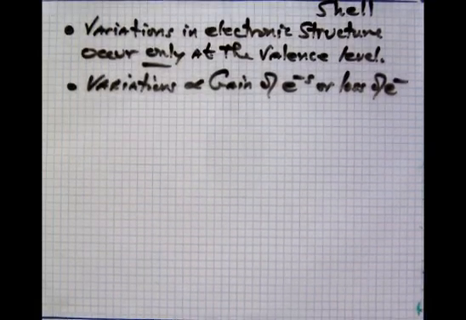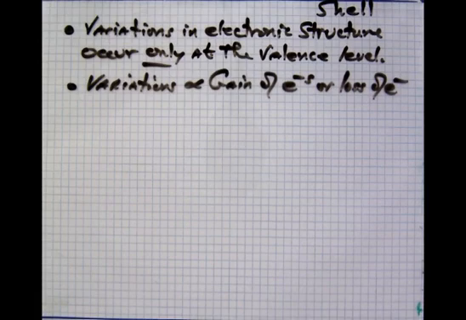What governs the gain and loss of electrons from the valence shell is a very fundamental precept of nature.